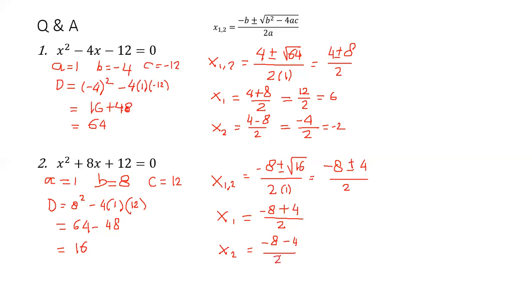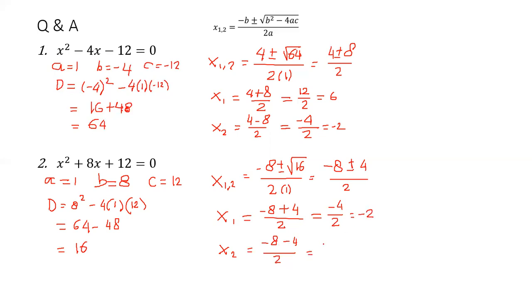So the difference between the first x and the second x: the first x is negative 8 plus 4, while x2 equals negative 8 minus 4. All right, next calculate. Negative 8 plus 4, negative 4 over 2, equals negative 2.